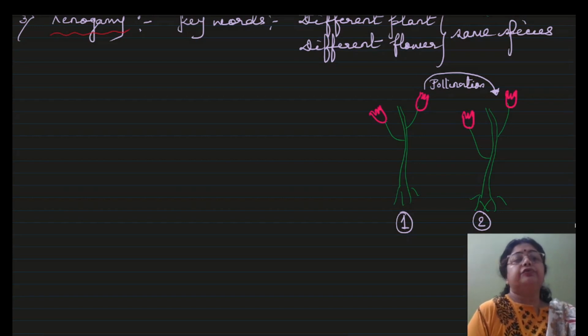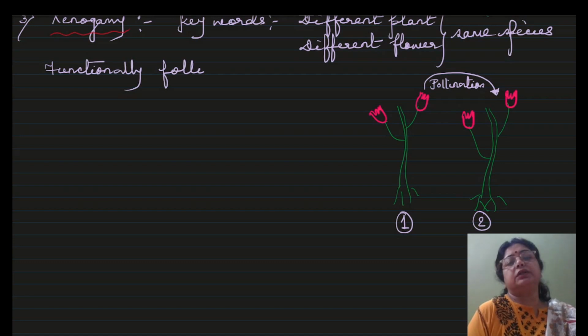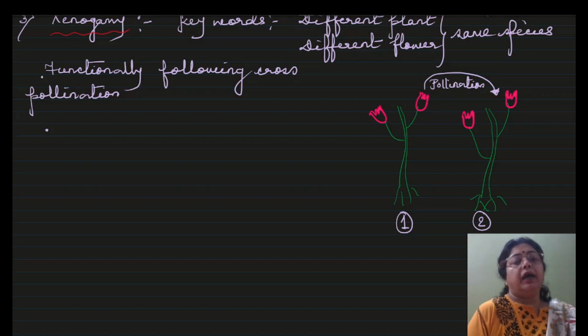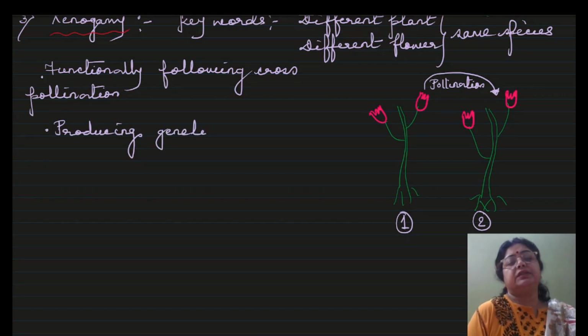That functionally it is following cross pollination and producing genetically dissimilar, genetically variant plants.